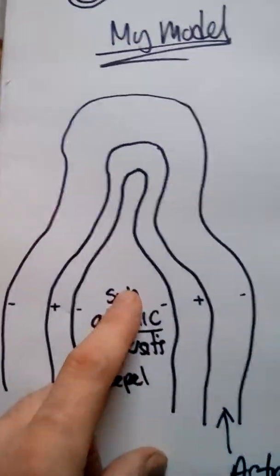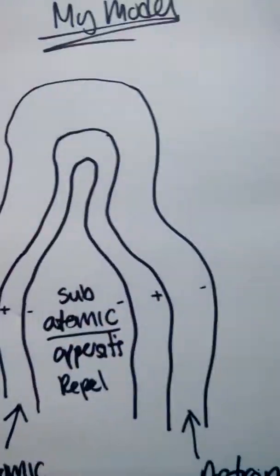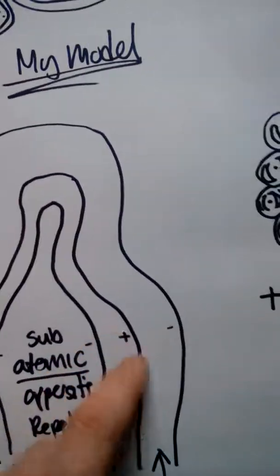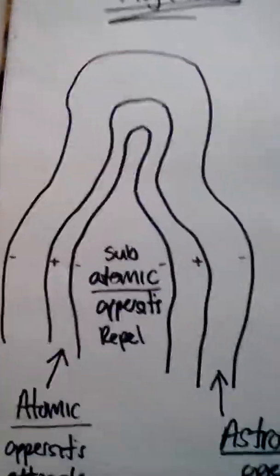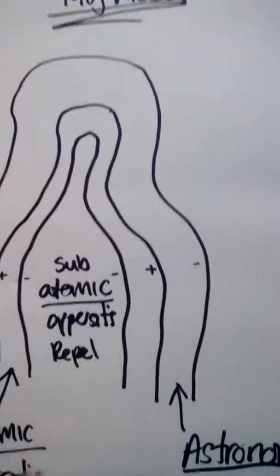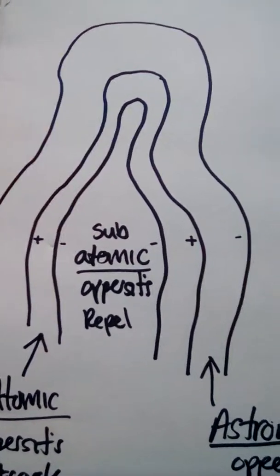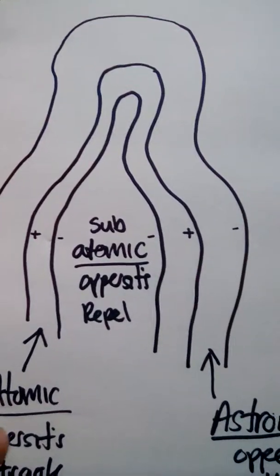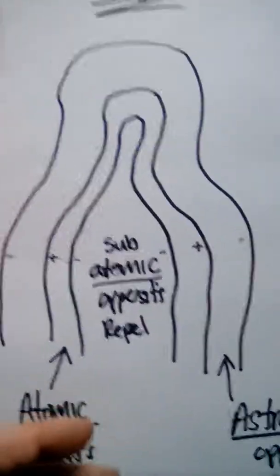So you've got your subatomic, like your smallest state. Then you've got the atomic, obviously our state, and then you've got astronomic, obviously the universe. Kind of those three levels basically, and in order to have those three layers of fabric, if you will, you'd have to have alternating laws of attraction and repulsion.